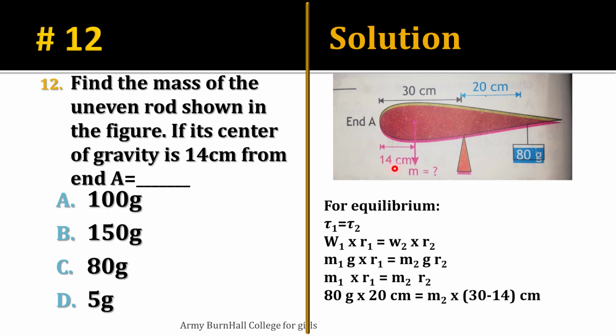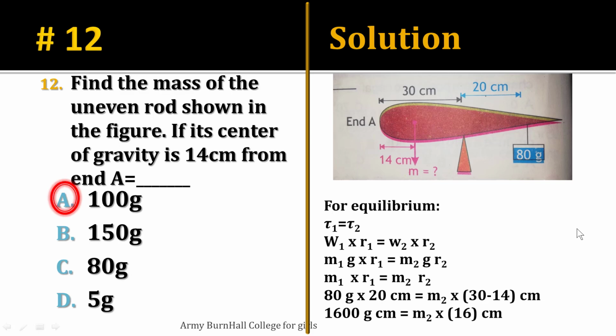We are provided with 14 centimeters, so we have to calculate this distance. 30 minus 14 will be the moment arm, so we put it as R2 over here. We will get 1600 equal to 16 M2. If 1600 is divided by 16, we get the result 100 grams, which is the correct option.